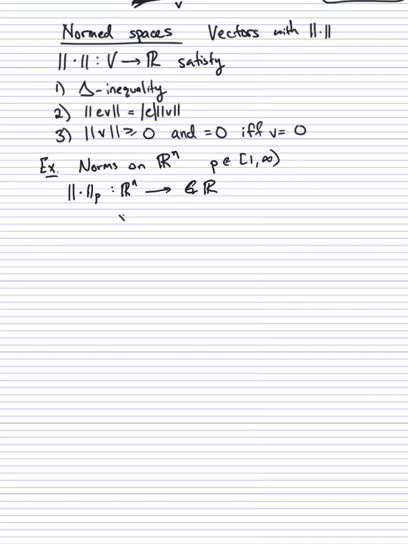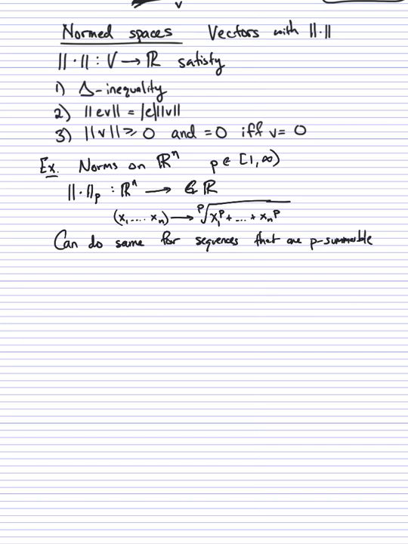You take (x1, ..., xn) and send it to the pth root of |x1|^p plus up through |xn|^p. You can do the same for sequences that are p-summable, where the sum of |f(n)|^p is less than infinity. This works as well, and it's just a generalization.